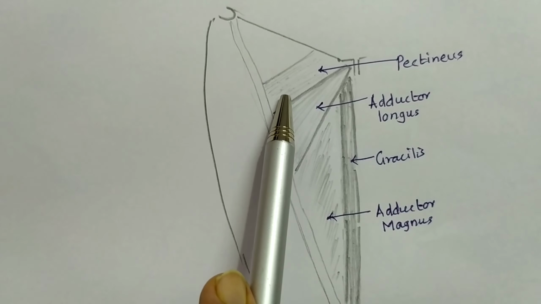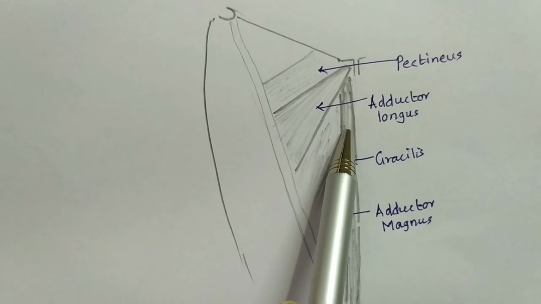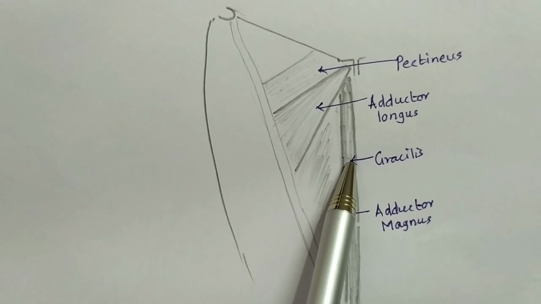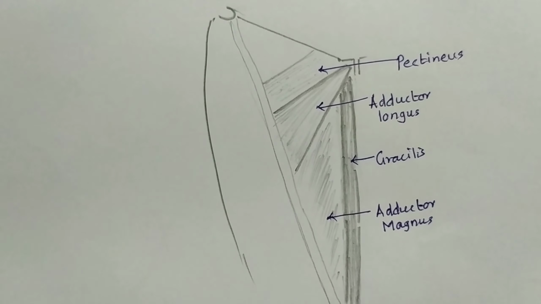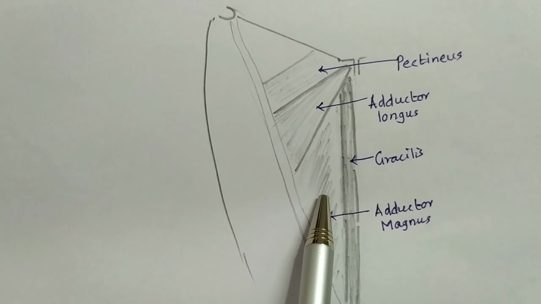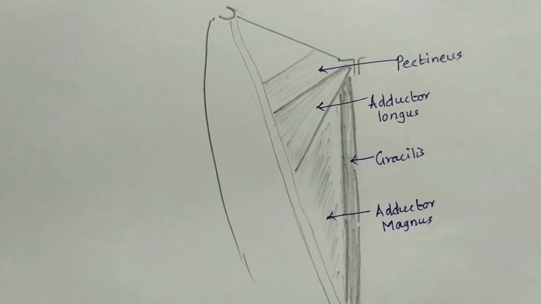The pectineus, adductor longus and gracilis are supplied by anterior division of obturator nerve. The obturator externus and adductor magnus are supplied by posterior division of obturator nerve. Adductor magnus is a composite muscle. It consists of adductor part and ischial or hamstring part.